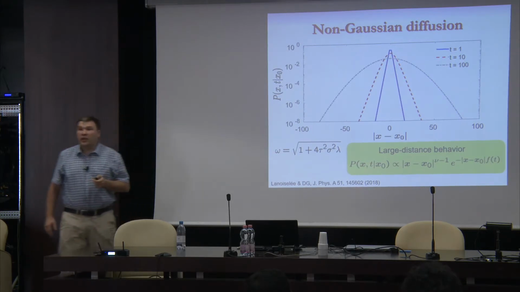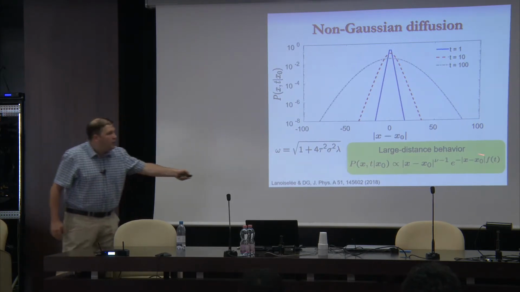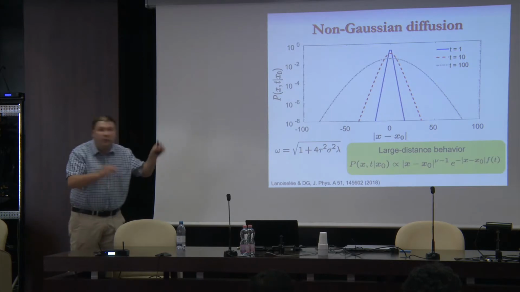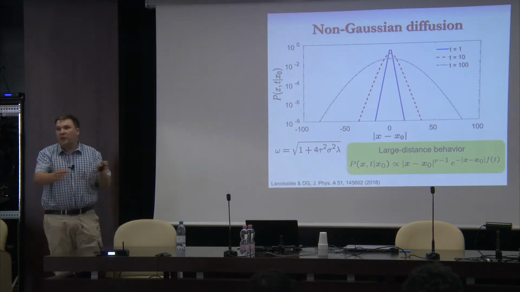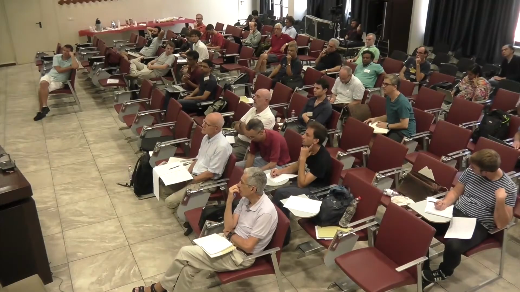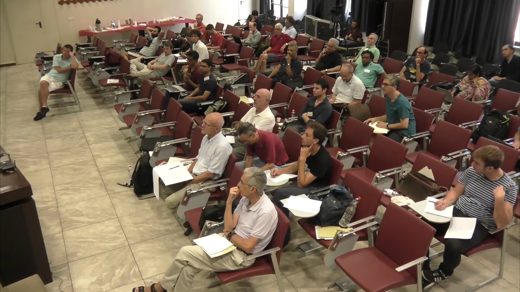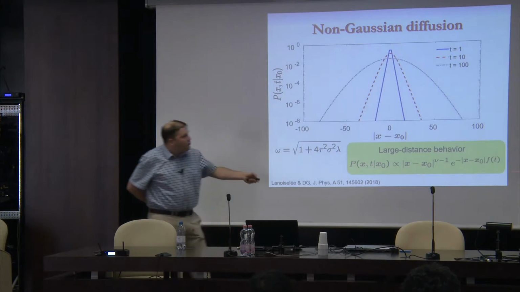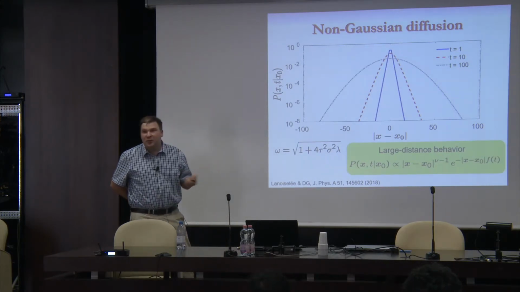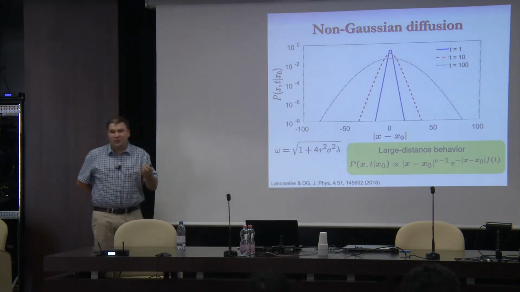Sorry? Oh, f of t, I do not provide it. It's an explicitly computed function. It depends on time. How does it look like? Well, it involves a solution of some trigonometric equation. So, I mean, it's not a very simple function.